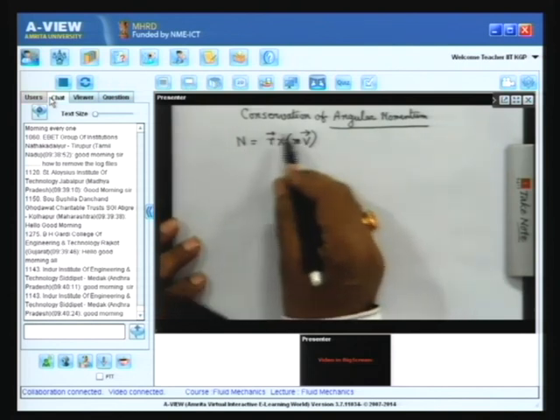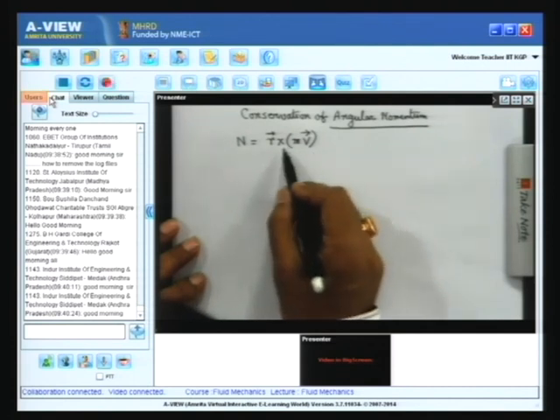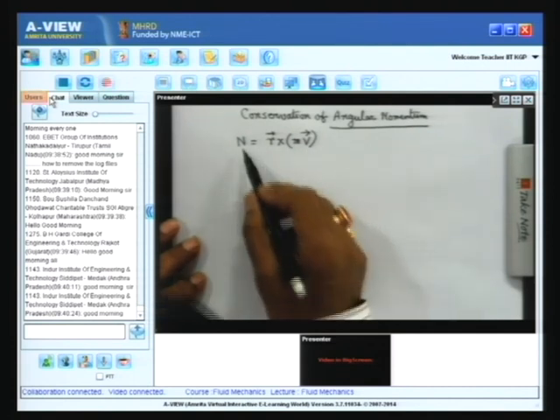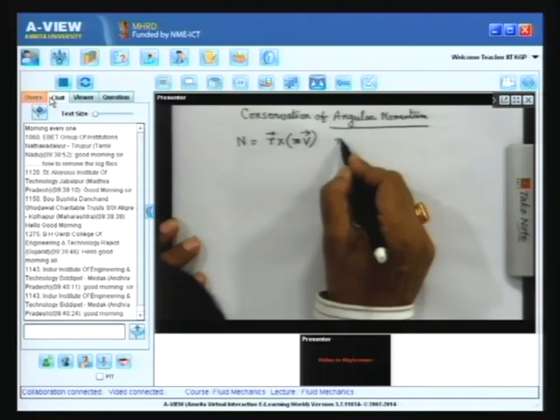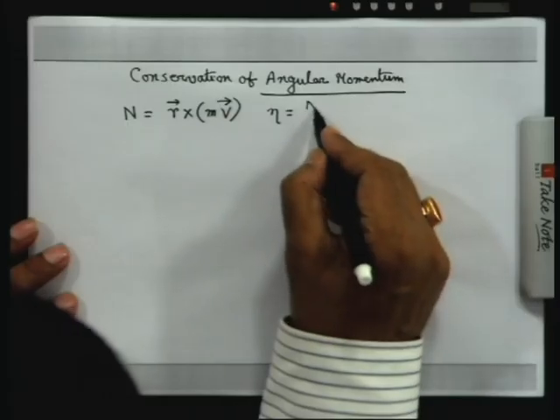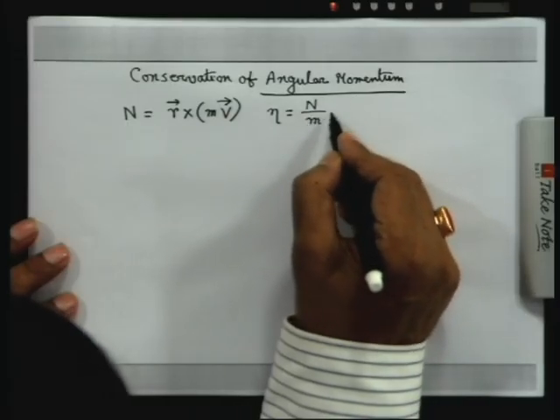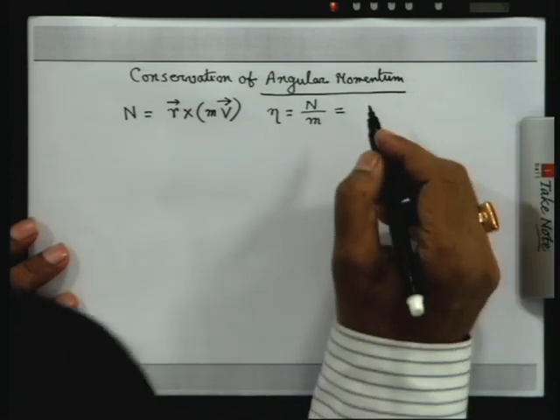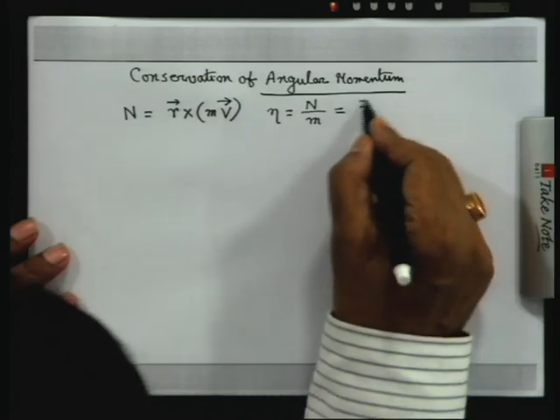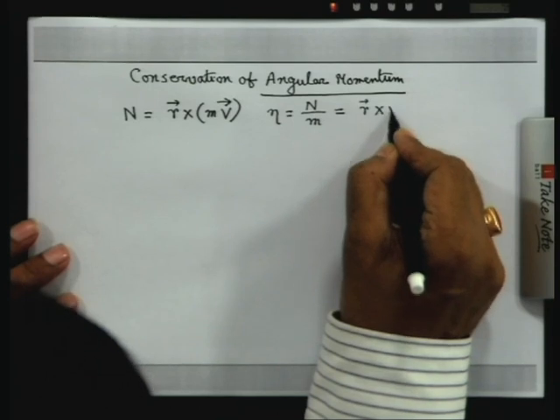So if N is such, then what is eta? Eta is N by m, we know. Therefore, eta is r cross v.